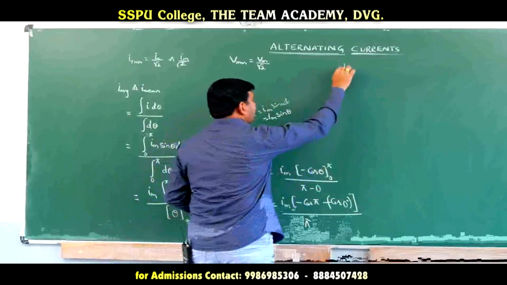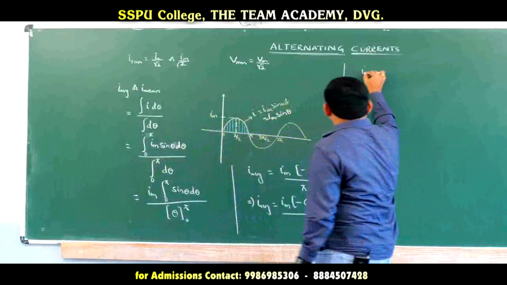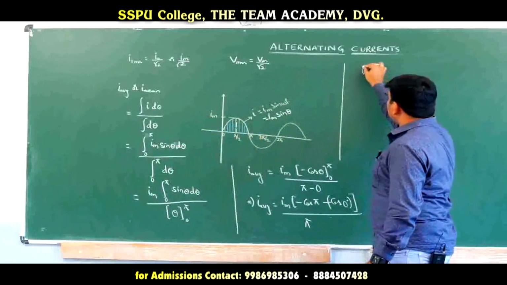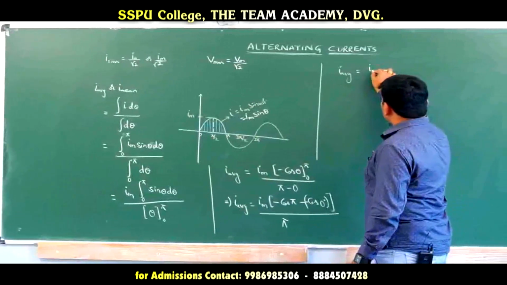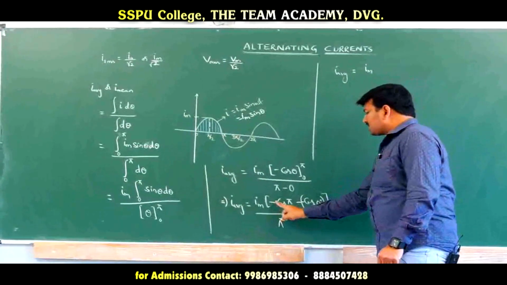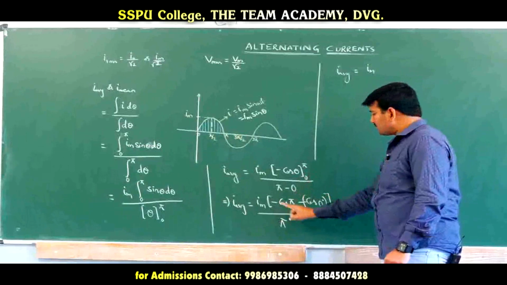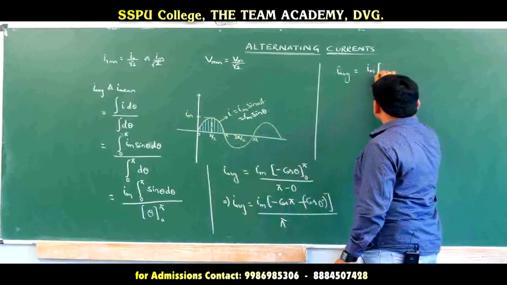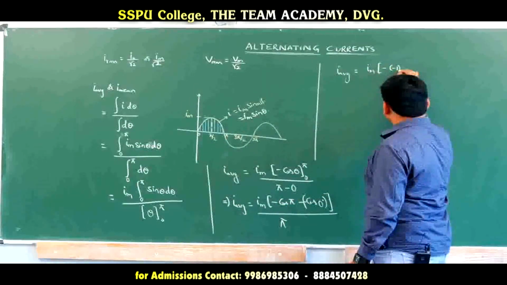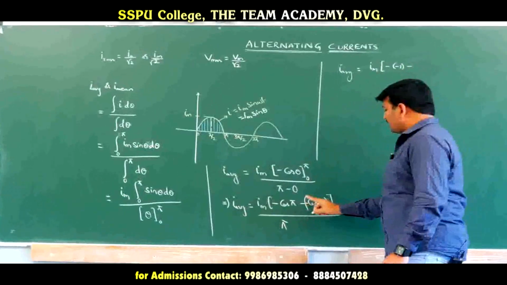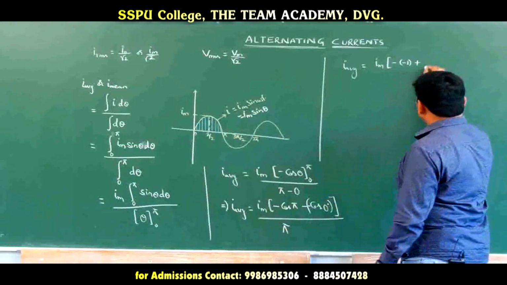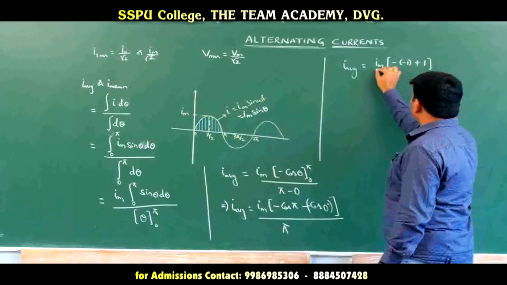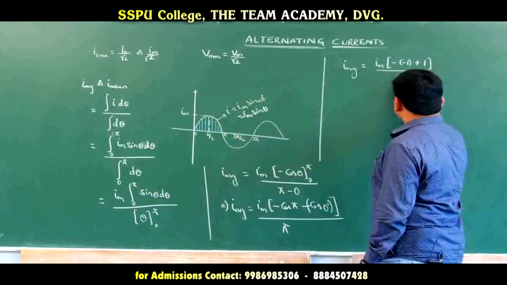So what is its value? I average or I mean is equal to Im into, minus cos 180 is minus of minus 1, which is plus 1, and minus of minus cos 0, which is again plus 1, and this whole is divided by pi.